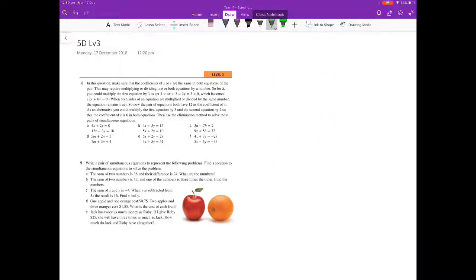Alrighty, and jumping over to D. 1 apple and 1 orange is 75 cents. 2 apples and 3 oranges is 185 cents. What is the cost of each fruit? Simultaneous equations!